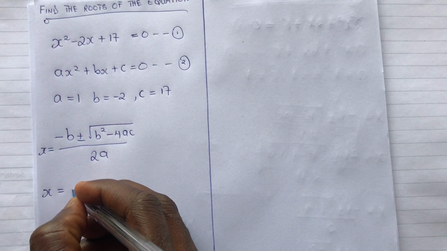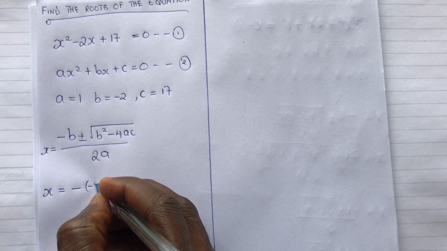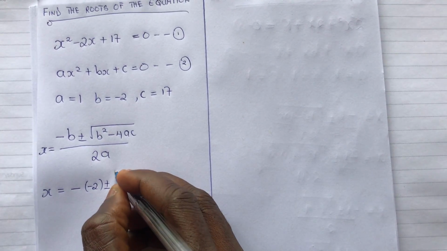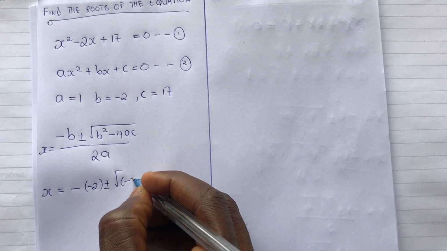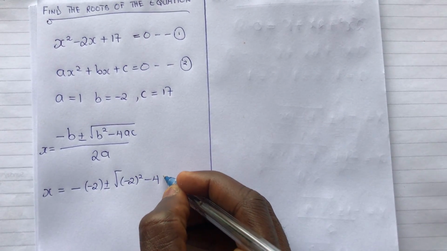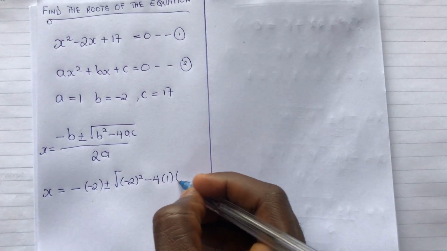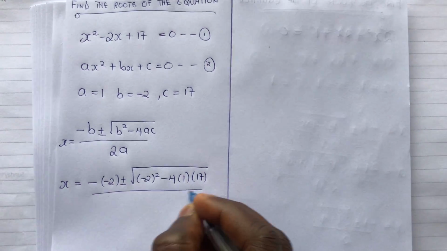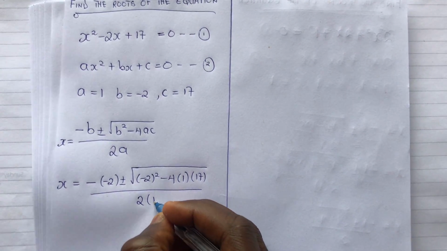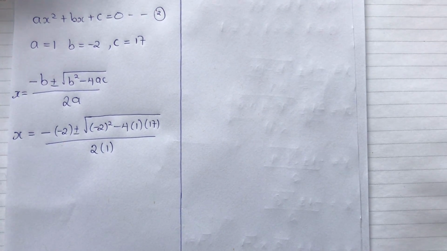B is minus 2, so we have minus into bracket minus 2, plus or minus root of minus 2 squared minus 4, where a is 1 and c is 17, all out of 2, where a is 1. We can expand this.